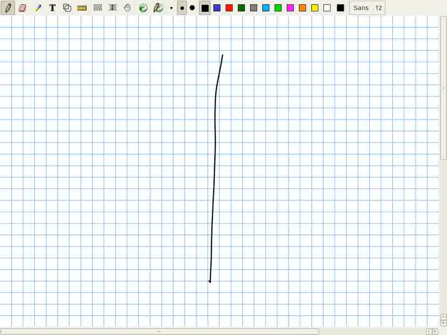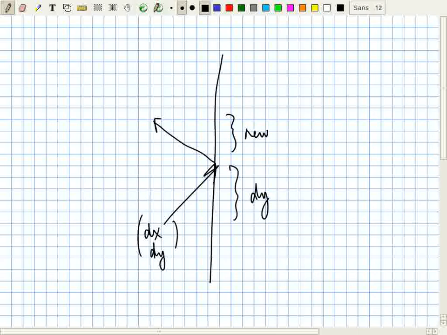Let's look at a reflection along a vertical mirror. So you come in with a vector that has a particular dx, dy value. And then you come out again like this. Now, when you look at it, the displacement in y, this one here is dy, and then this one is the new dy.